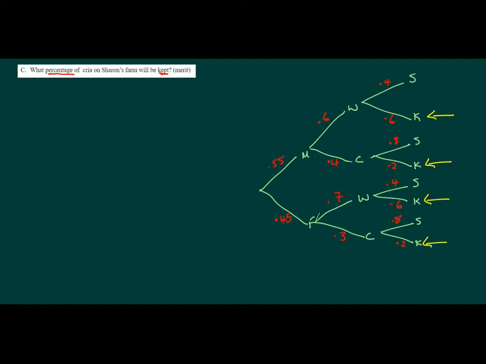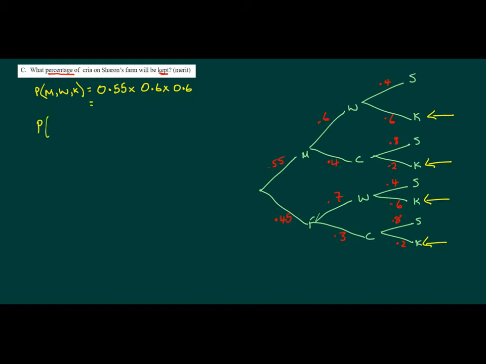So we've got probability of being male, white, and kept. That equals 0.55 times 0.6 times 0.6. Okay, and I'll get you the answer to that in a minute.